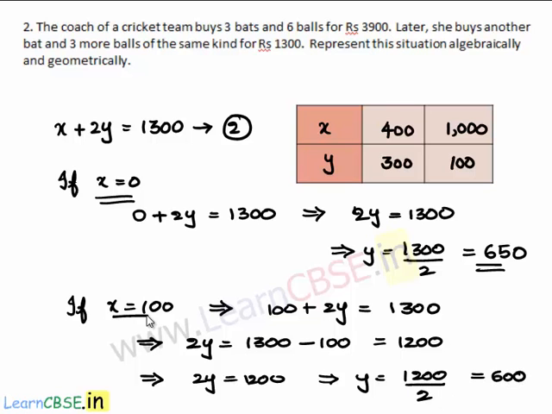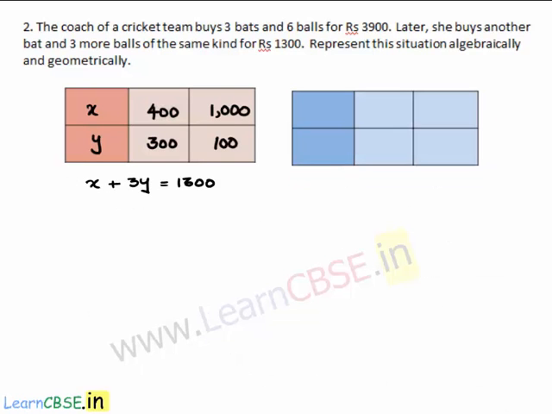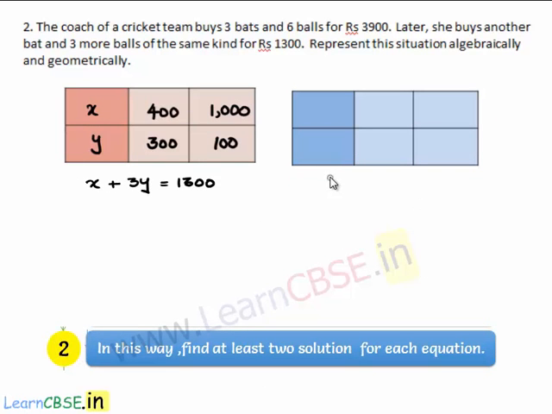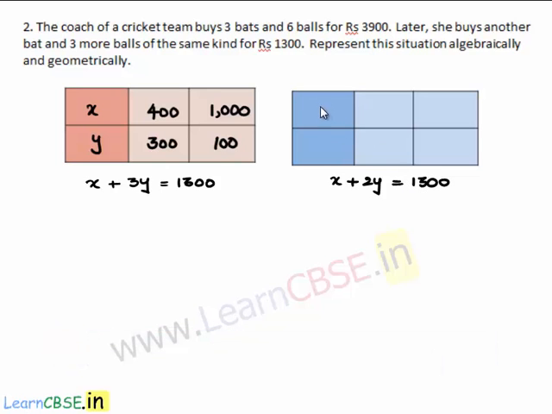So if x is 100, the value of y is 600. Now let us tabulate these values also in a tabular form. So from the second equation, which is x plus 2y is equal to 1300, the tabulated values are, so we write x and y here. So if x is equal to 0, we got the value of y as 650, and if x is equal to 100, we got the value of y as 600.